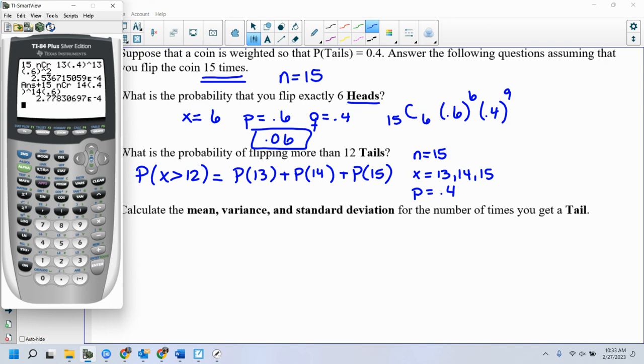Plus 15C15, 0.4 raised to the 15th, times 0.6 to the 0, which is just 1. Here we got it: 2.789 times 10 to the negative 4th, so 0.00028.